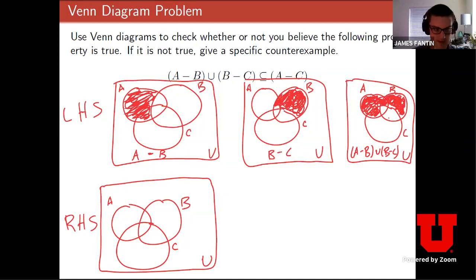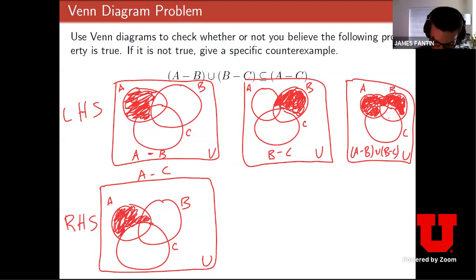So we have something that looks like this. And then for this bottom statement, we're going to take a look at the right-hand side, A minus C. Here we're going to shade in all the region of A that's not in the region of C. And so we'll get something that looks like this.